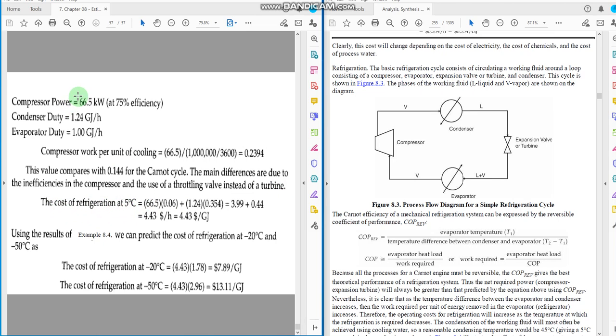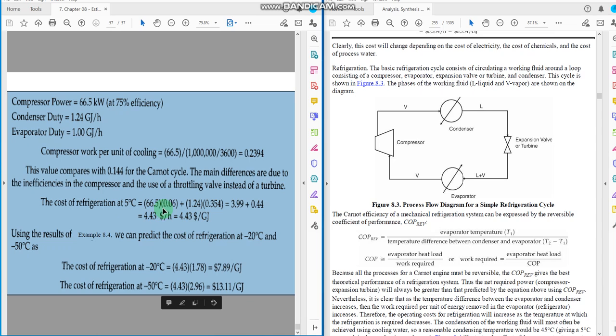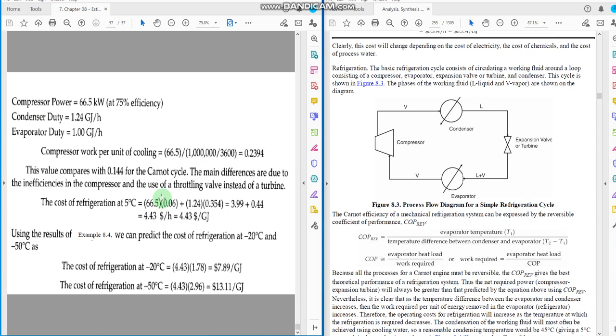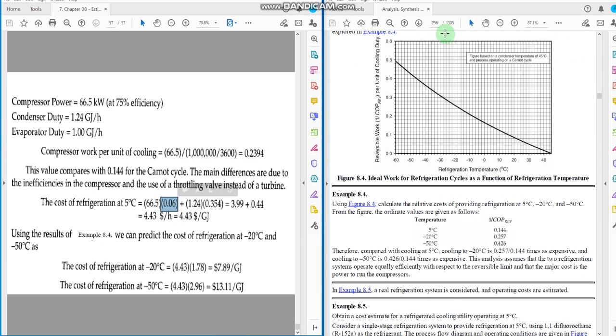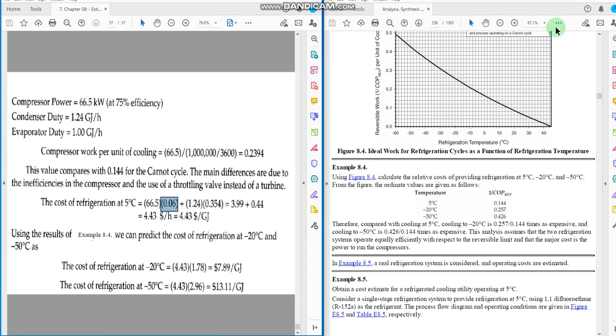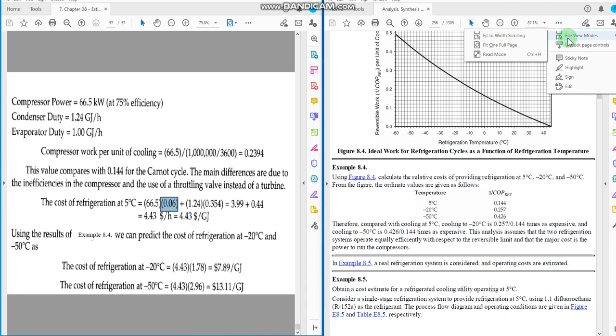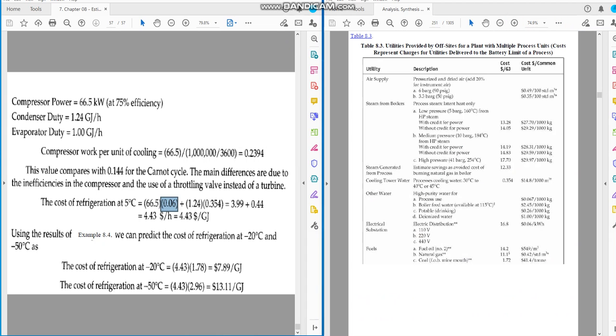The power for this compressor is 66.5. Then you have 0.06, which is the electricity cost. You can go to Table 8.3 and find the value for the cost of electricity there.